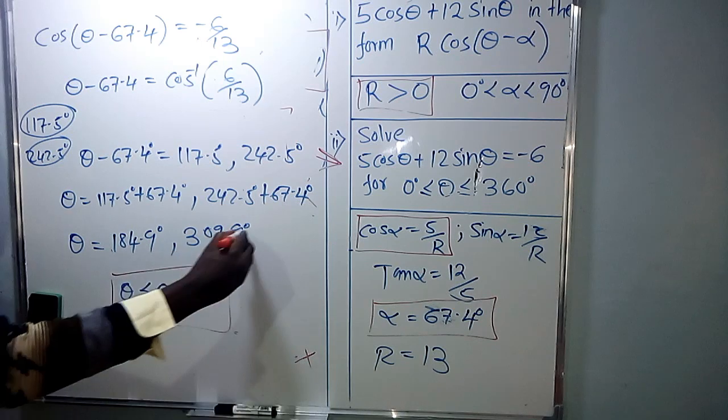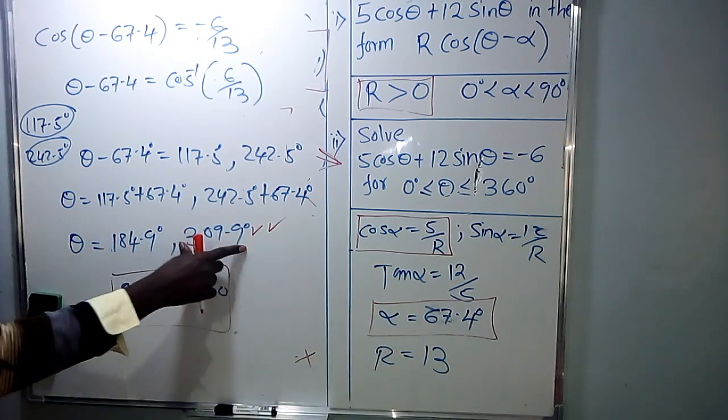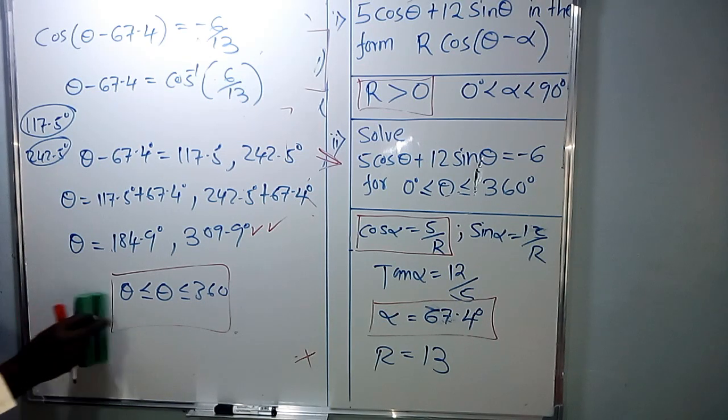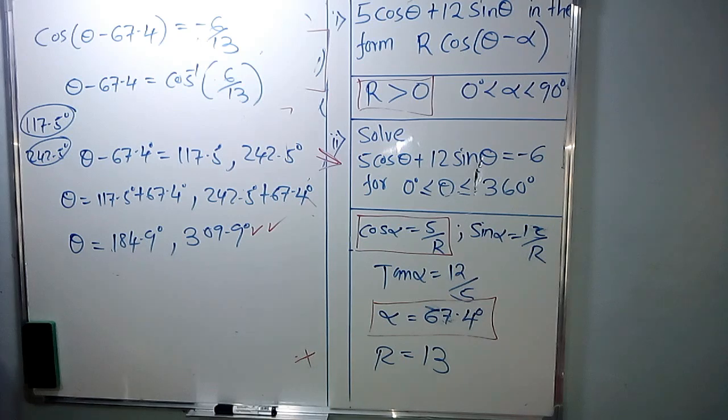All of them are within that range, isn't it? So it means all of them are required. You only eliminate the one which is not in the required range. Are you seeing that? So there is no need of adding 360 to get more angles, because they will be outside the required range, isn't it?